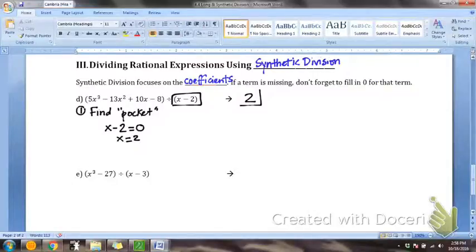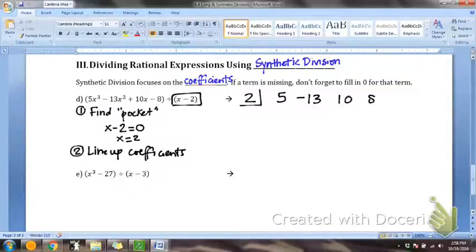Second step is to line up the coefficients. Are we missing any terms? I have x cubed, x squared, x, and then my constant. So the coefficients for that were just 5, negative 13, 10, and 8, negative 8, right?